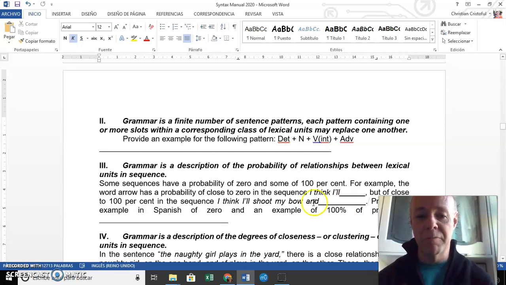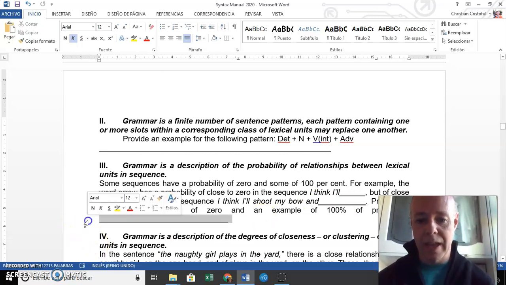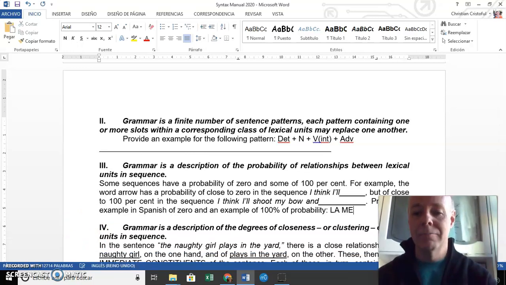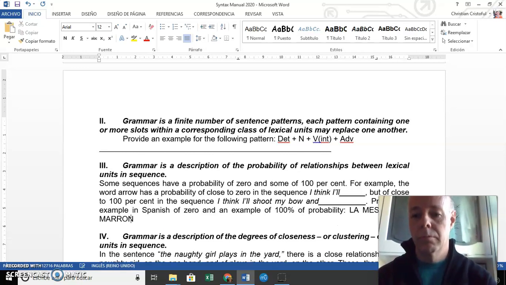Provide an example of Spanish of 0 and 100. 0 would be la mesa ayer marrón. This sequence of words in Spanish is not probable.